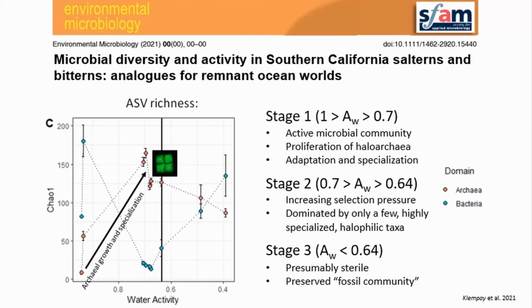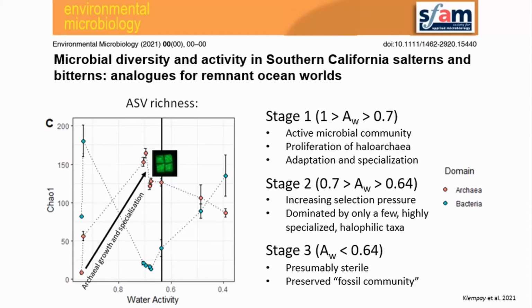At this stage, the brines are dominated by only a few highly specialized halophilic taxa. At some point, the limit of life in these brines is reached, and the remaining brines we assume are sterile, or at the very least devoid of active life.